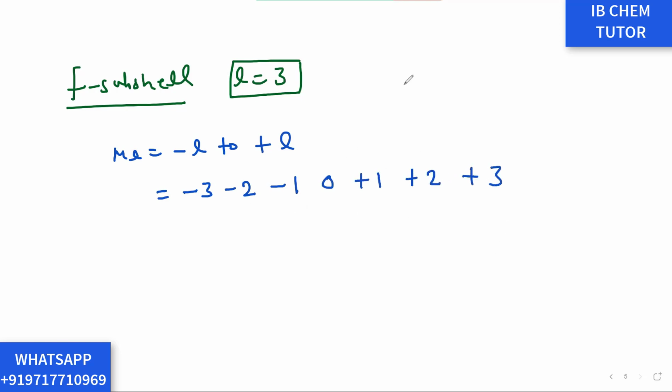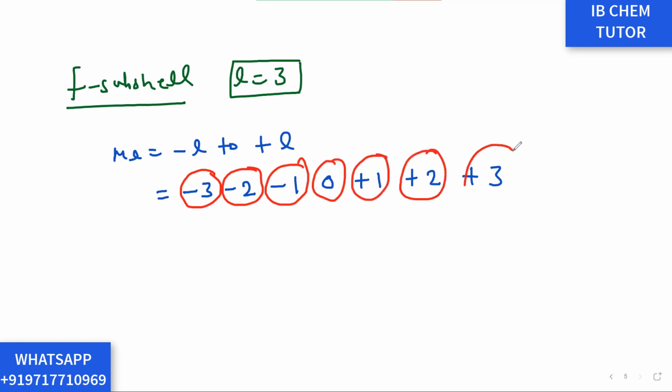Very easy. Now you see how many total orbitals are there. Let's count. This is one orbital, second, third, 4, 5, 6, and 7.